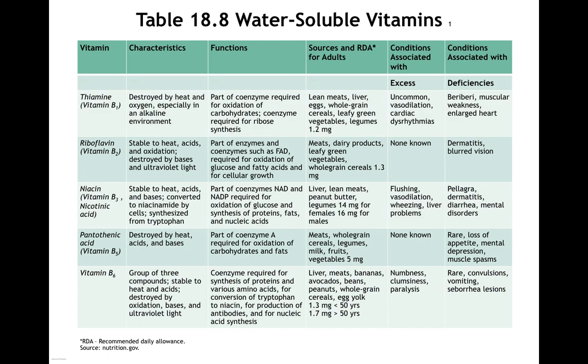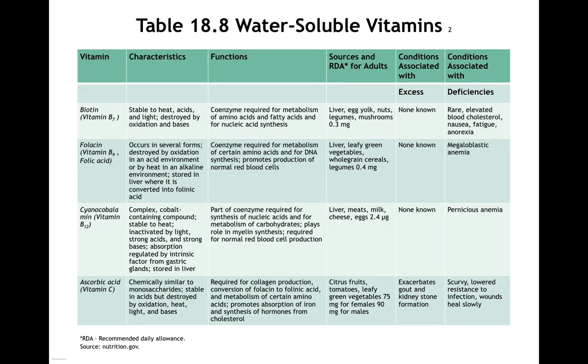And here are the water-soluble vitamins, although I do not see vitamin C on the table. These are the B vitamins, and I'll let you go through that on your own. And here is the rest of the B vitamins along with vitamin C, also called ascorbic acid.